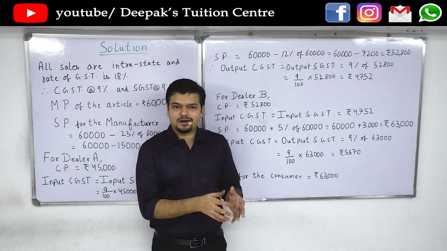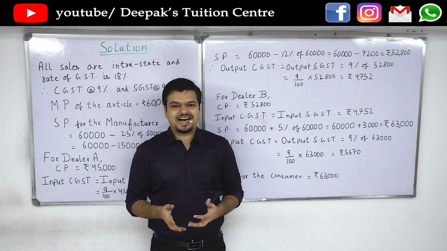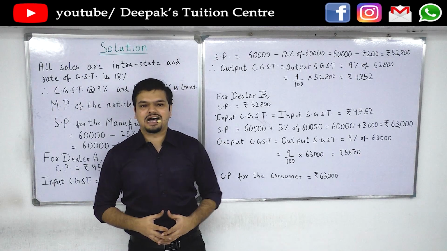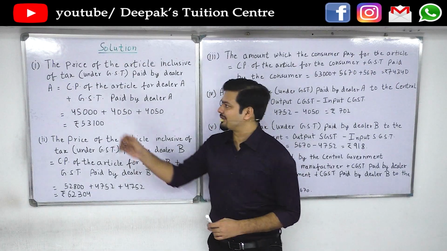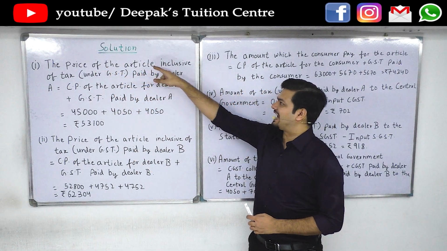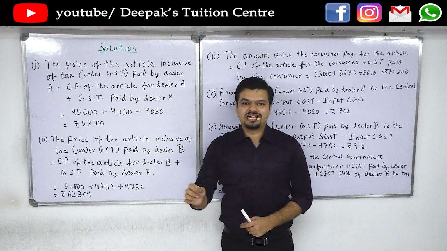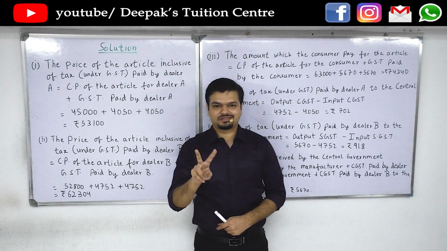So now we'll look into the questions and see what they have asked, and then we'll simply use these values to calculate those answers. The first part of the question asks the price of the article inclusive of tax under GST paid by dealer A. So dealer A paid two amounts basically.